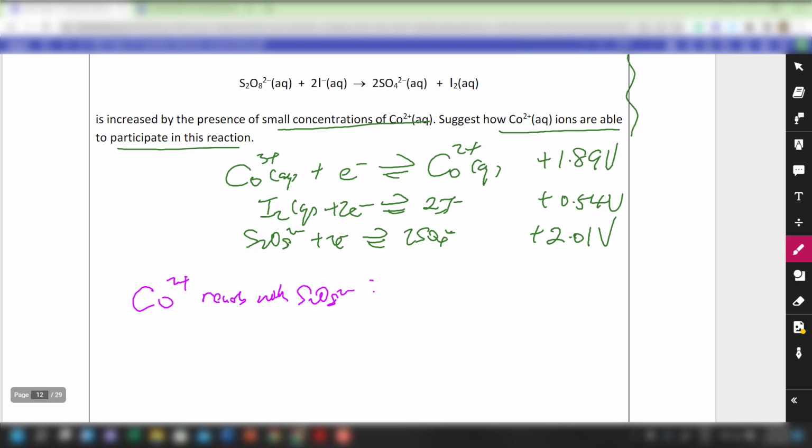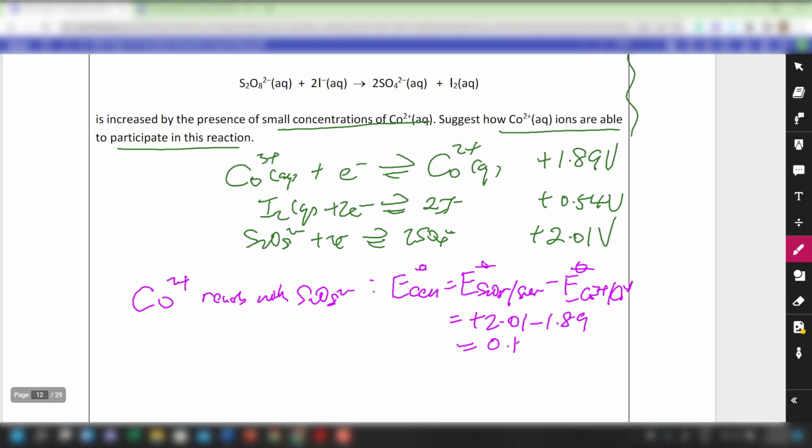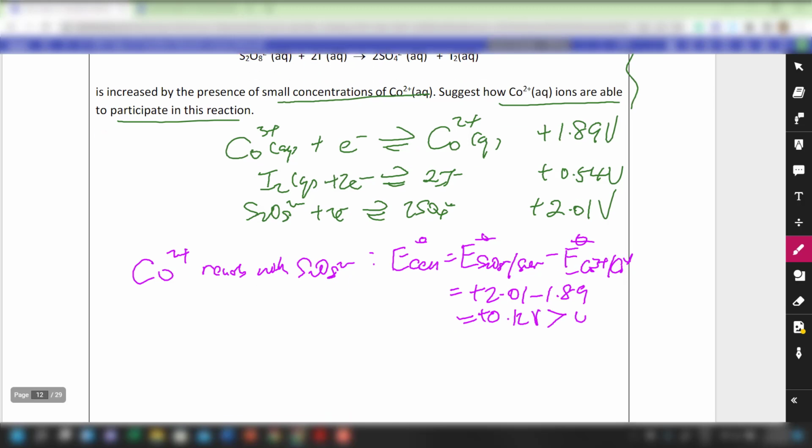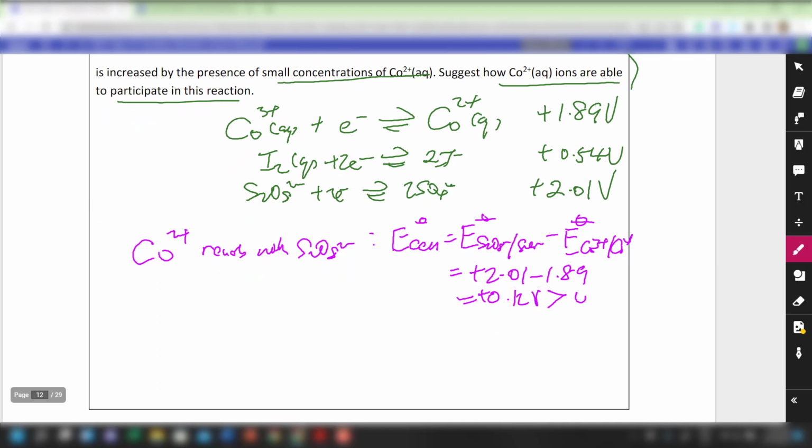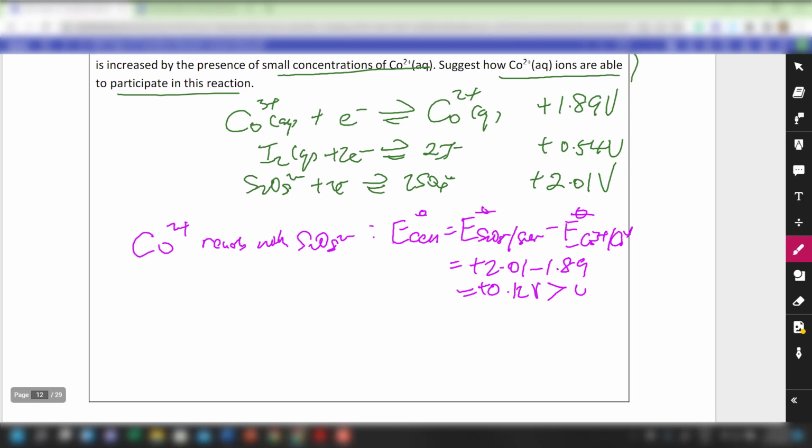The E cell is E reduction minus E oxidation, so this will be plus 2.01 minus 1.89 volts. We get 0.12 volts, which is greater than 0 volts. So this reaction is thermodynamically feasible, and it is also likely to be kinetically feasible, because it involves the collision between oppositely charged species.